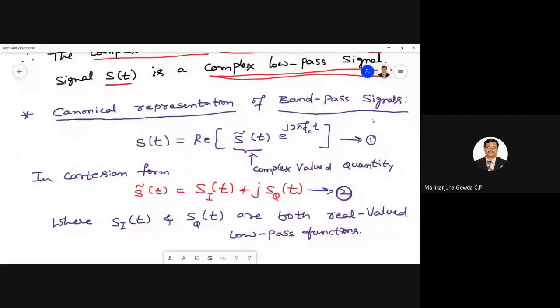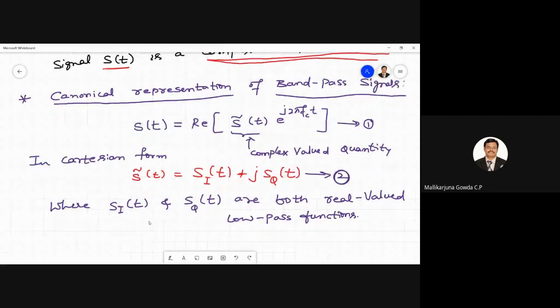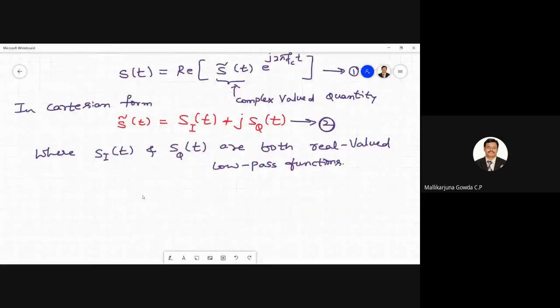So let me substitute equation 2 into equation 1. Can you substitute 2 in 1 and say what expression you get?